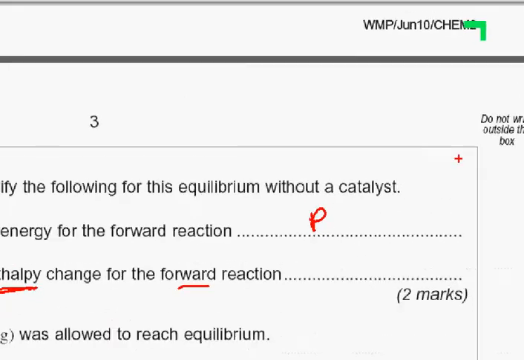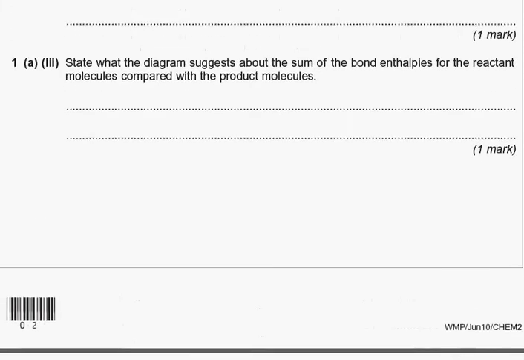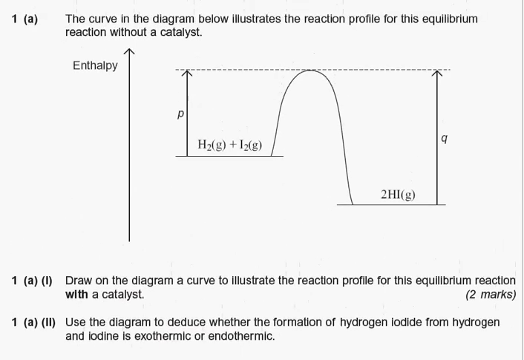So going back up, oopsie daisy, that's the zoom button. So going back up our diagram, we see that if I wanted to work out how much energy was actually given off, I'd take P and take away Q from it.